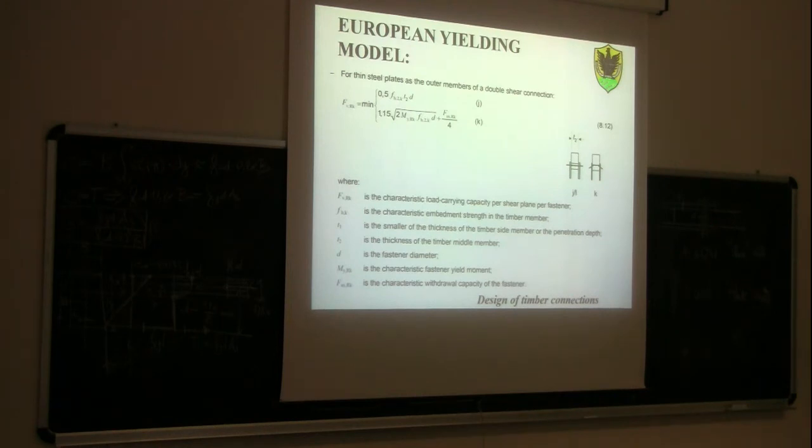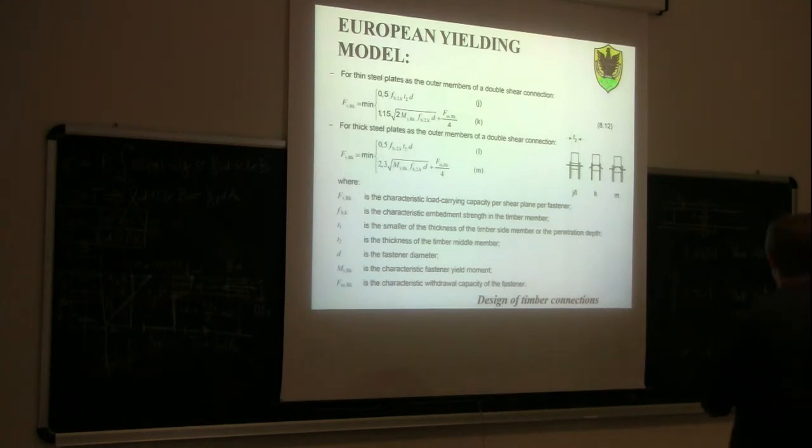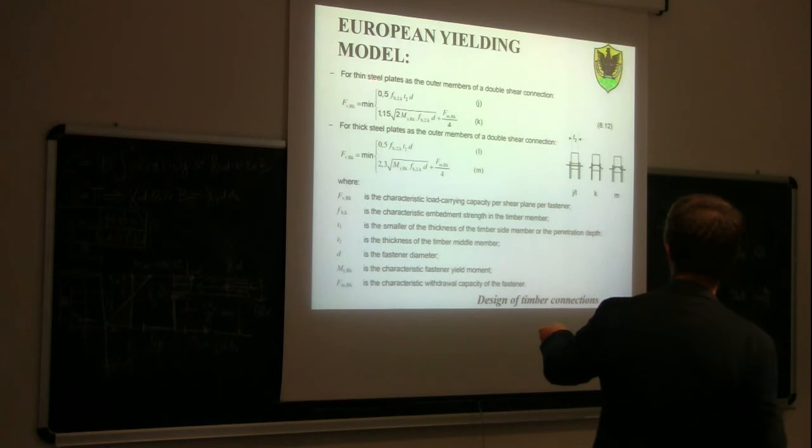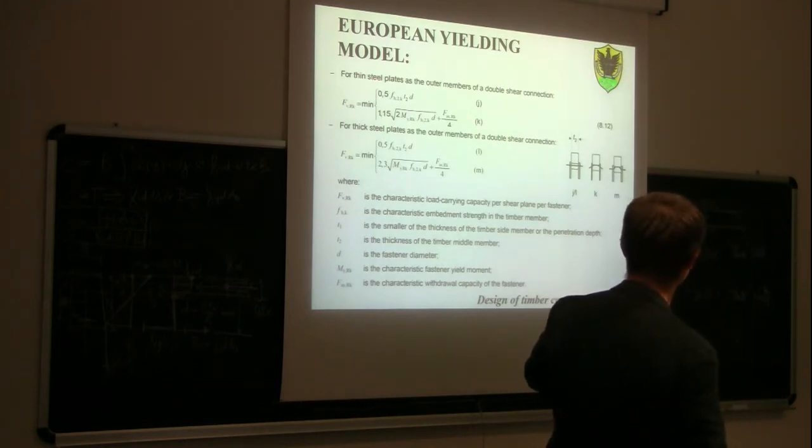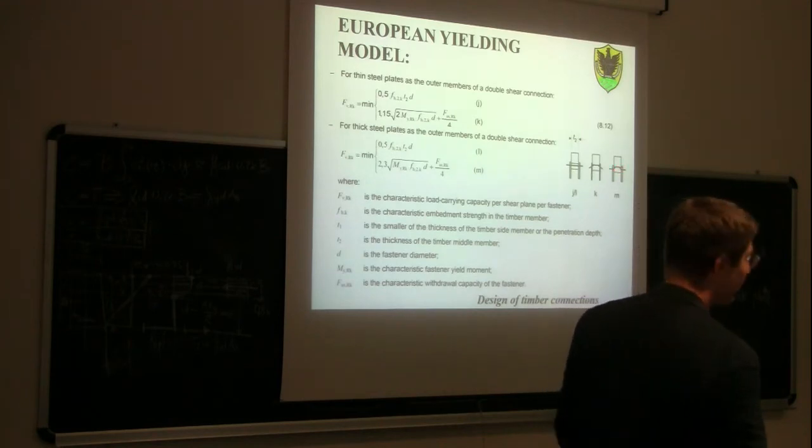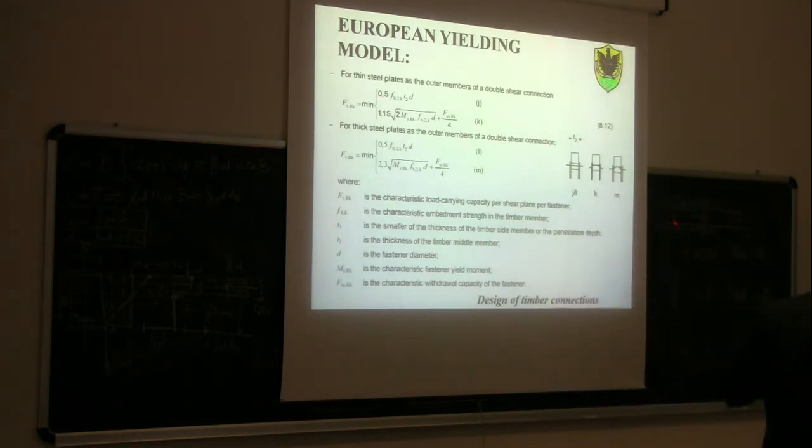A second failure mechanism is the formation of two plastic hinges inside. This was if we have a thin steel plate. If we have a thick steel plate, then we can also have this failure mode, which is characterized by four plastic hinges instead of only two, like in the case of thin steel plates.